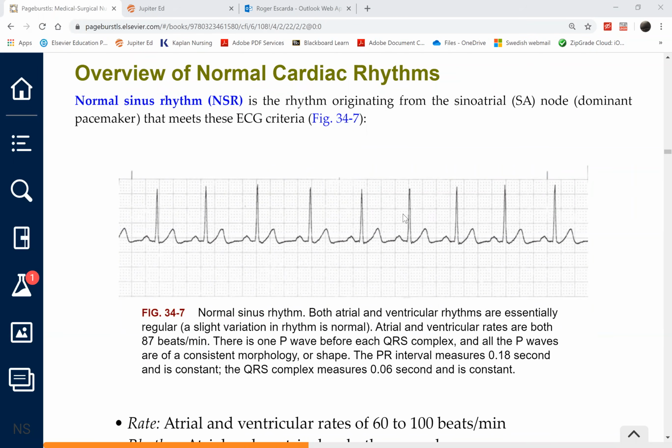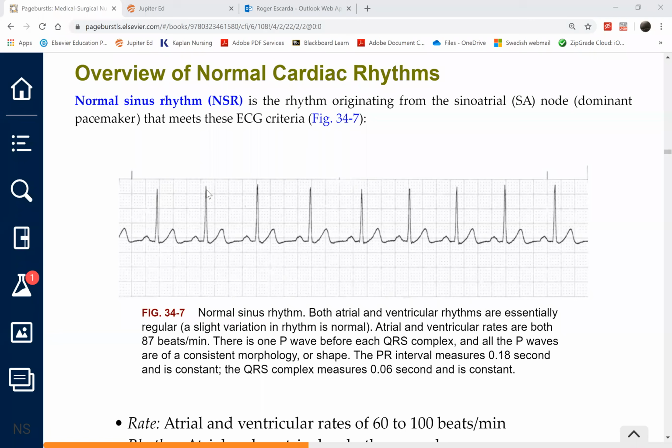So what I do is use a poor man's caliper, which is a piece of paper. Everybody get a post-it or whatever paper you have, and put it against this rhythm strip right here. I want you to mark your paper from this R wave to this R wave.